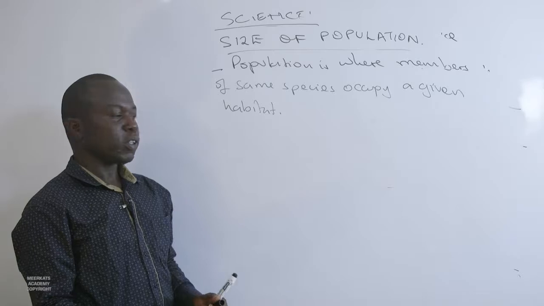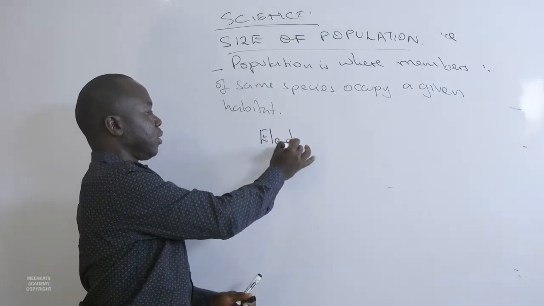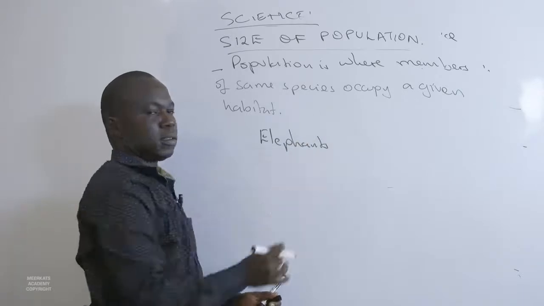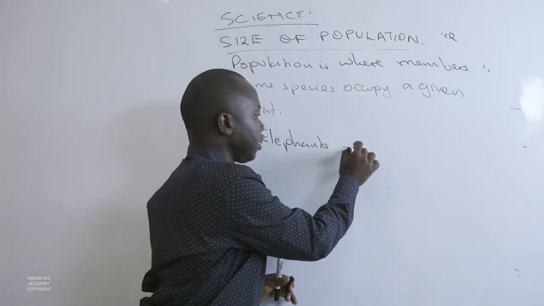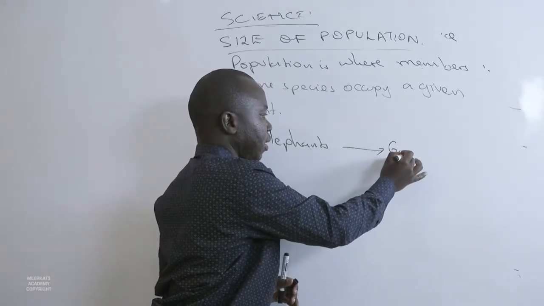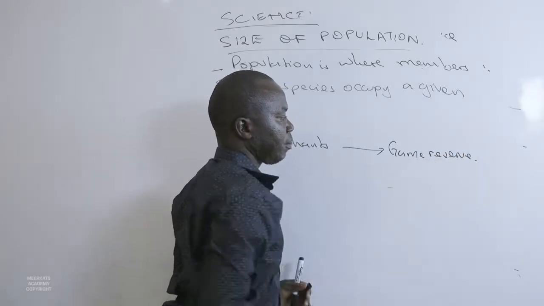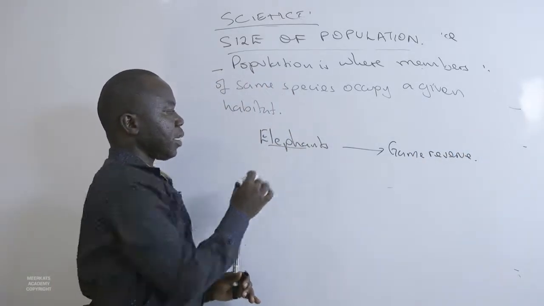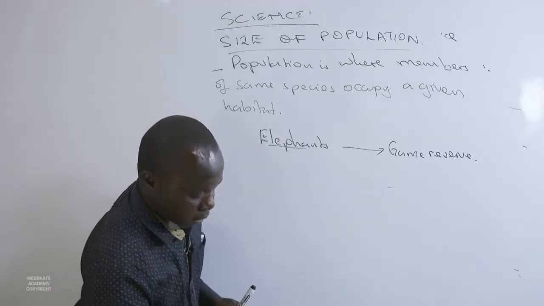So if we have elephants, maybe the same members of the same species living in a game reserve somewhere, that's their habitat. This one becomes a population. They are of the same species.